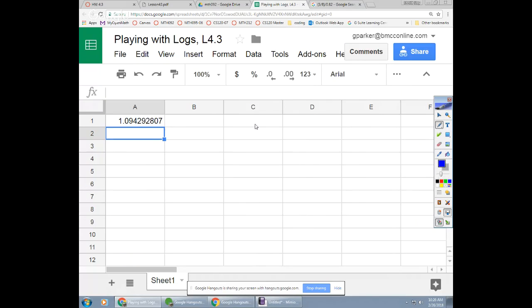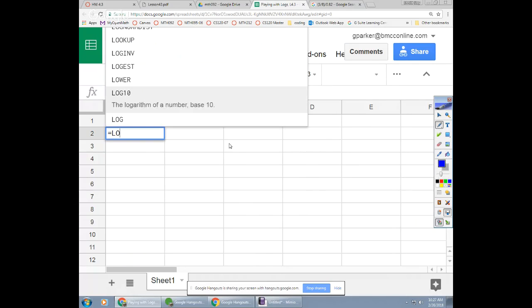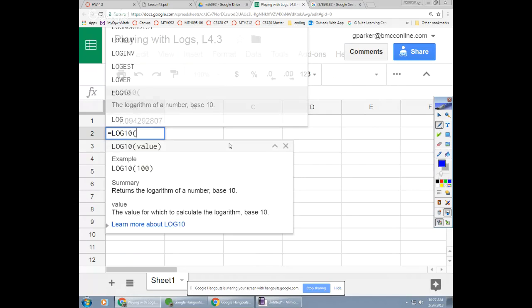Anybody else get that number? Okay. We got 1.08. Type something wrong. Oops. Let's see. 66 over 46. Let me type it another way just to see. Other options are log base 10.